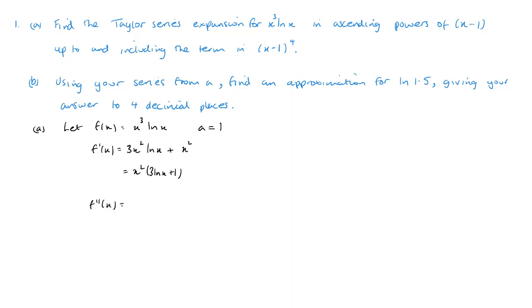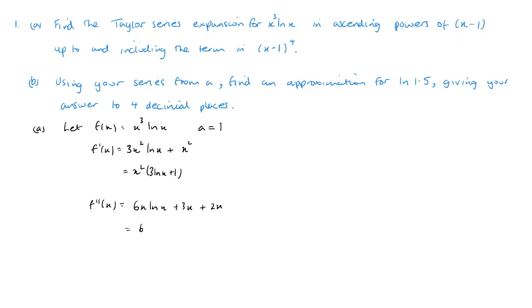Right, f double dash of x. Now let's differentiate this one. This differentiates to 6x ln x, plus 3x squared times 1 over x, which is 3x, plus x squared differentiated, which is 2x.